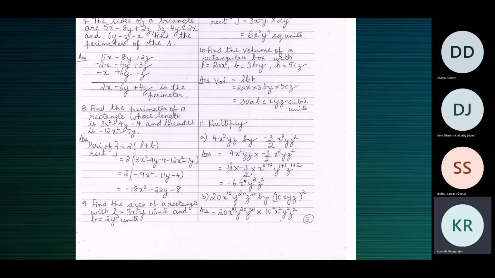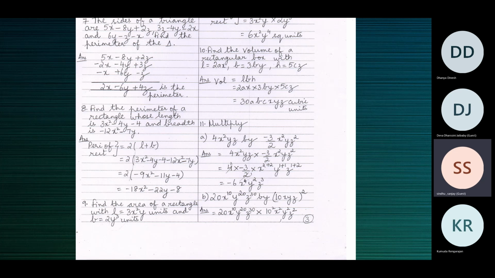Ma'am? Yeah? The answer is 3 by 2 x square yz, ma'am. 3 by 2? X square, ma'am. X square then? Yz, ma'am. No, looks like you've gone wrong somewhere.